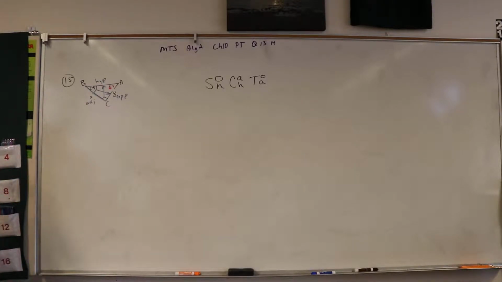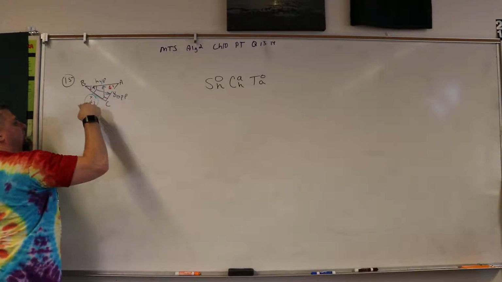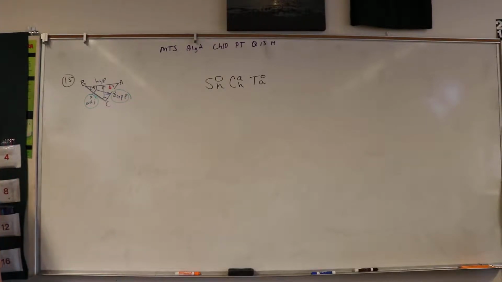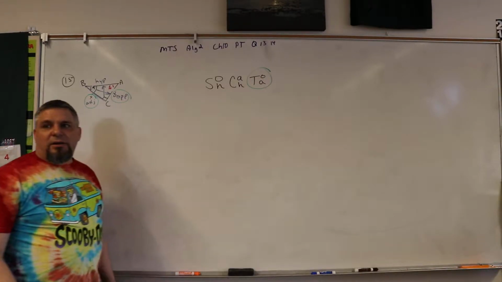Now, which part of SOHCAHTOA are we looking for when we're looking for adjacent because of the X, and opposite because of the 8? Which one has adjacent and opposite? TOA.